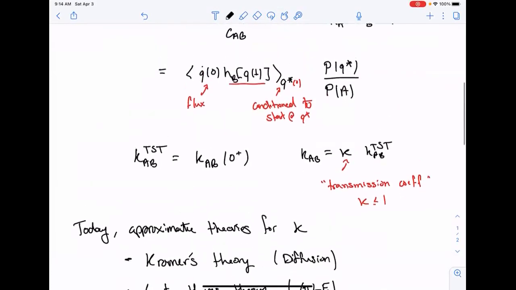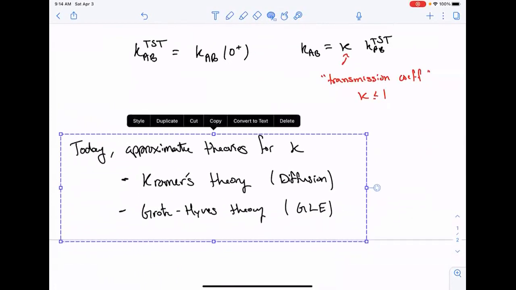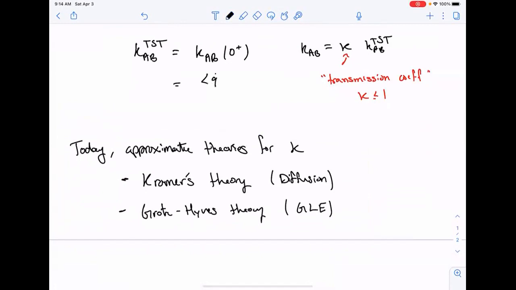So transition state theory is notable in that it depends only on equilibrium quantities. I look at the average flux as given by thermal fluctuations in Q. And then the probability, which is Boltzmann distributed in an equilibrium system, of getting to the top of the barrier relative to the probability of being in the A basin.